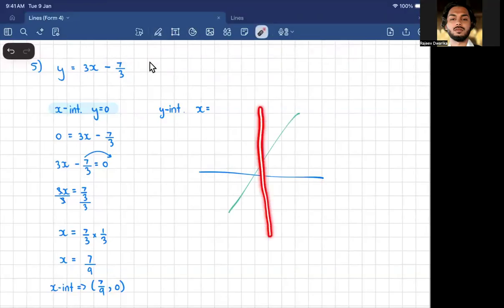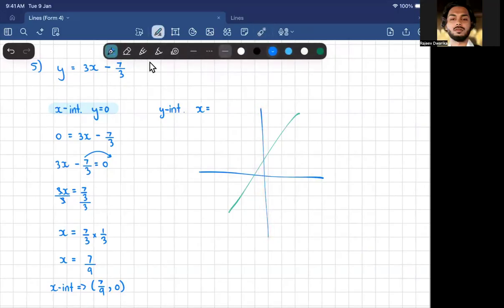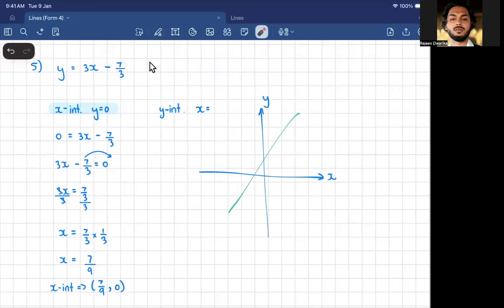What axis is this by chance? This one is y, right? And this one is x. Doesn't the line cut the y-axis over here? Right? So if we are reading off this point, what do you think the x value would be?